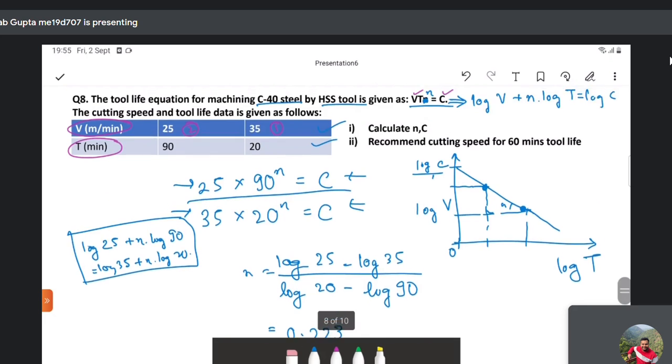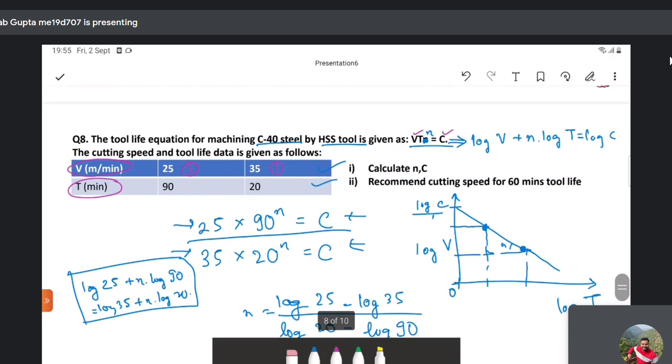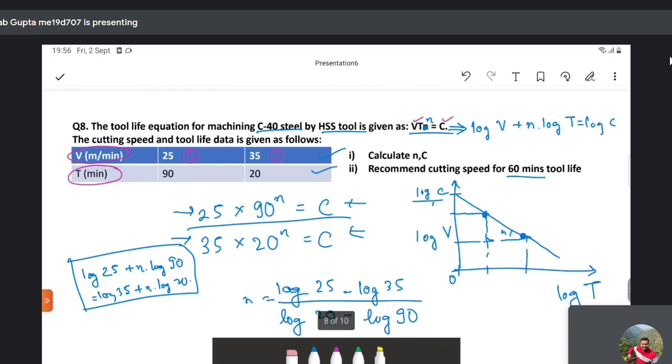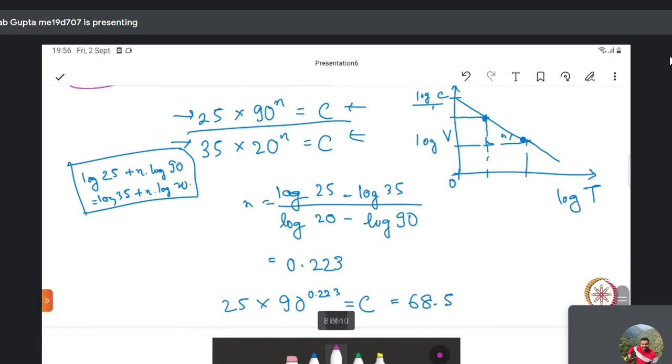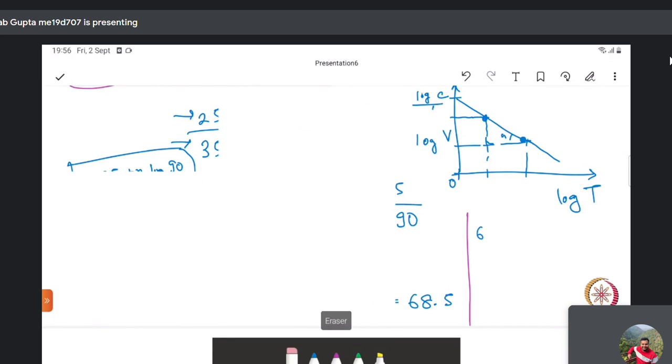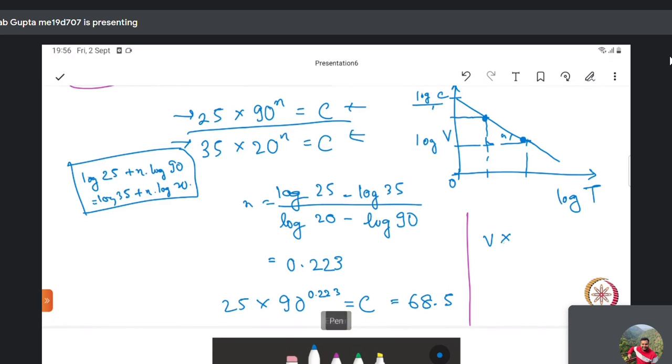So there's a second part to this question: recommend the cutting speed for 60 minutes of tool life. I'm doing it here itself. You need to calculate V. So V into 60 to the power 0.223 is equal to 68.5, from Vt power n equal to constant.